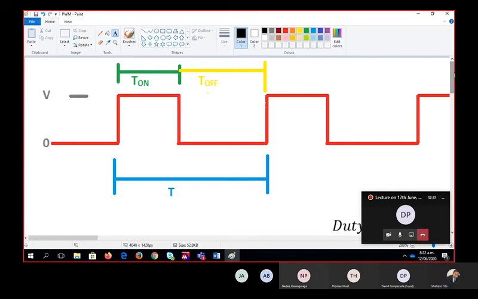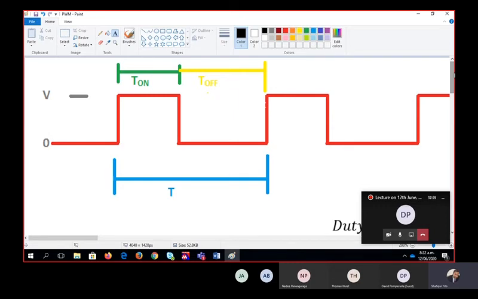This 24 volt, I cannot connect directly from the microcontroller, but for this we will be using a switch, a driver circuit. But this microcontroller will be producing these switching pulses.